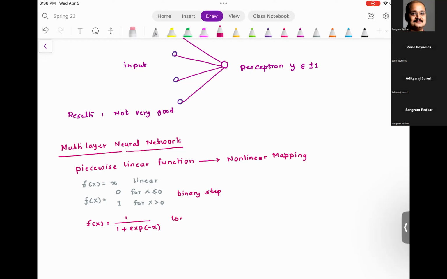Is logistic, which is called the soft step.